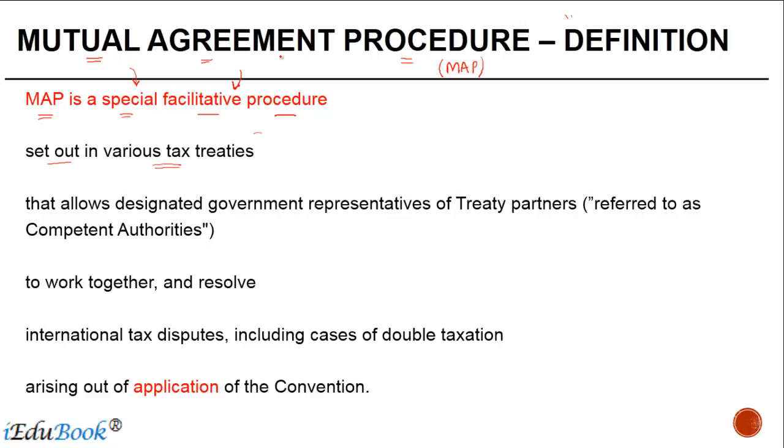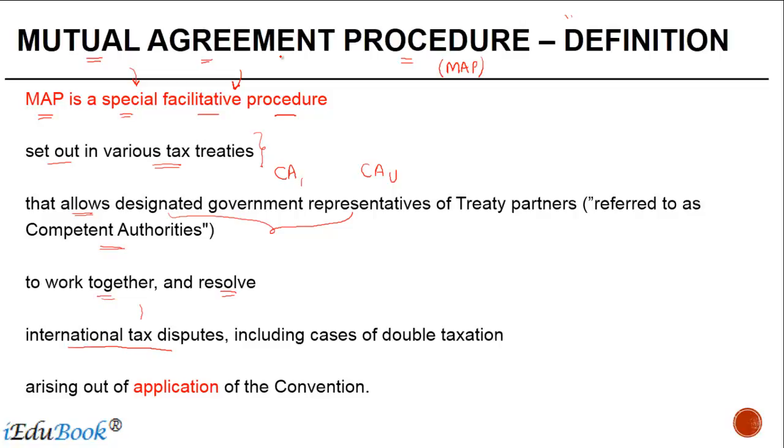So it's forming part of the tax treaties that allows designated government representative. When I say designated government representative, normally this is referred to as competent authorities. So competent authority of India, competent authority of USA, to work together and resolve international tax disputes.